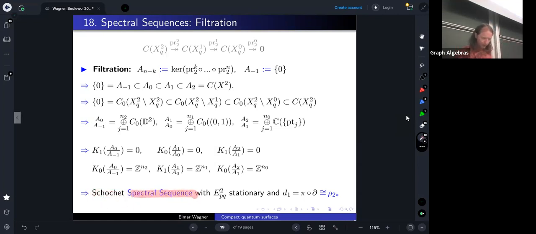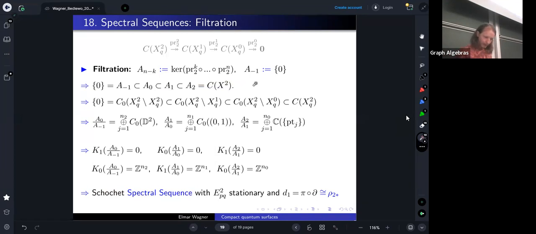Schochet has a paper where he really had some topological motivation, but he said, okay, we have a filtration of ideals, we can compute spectral sequences.